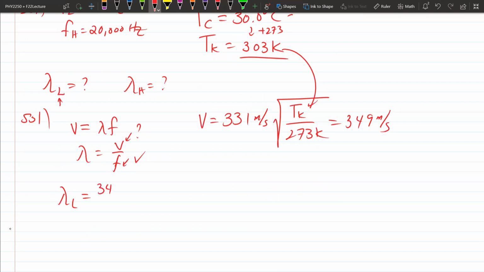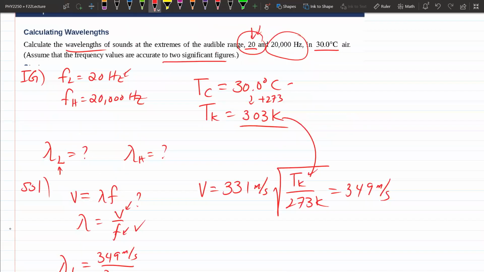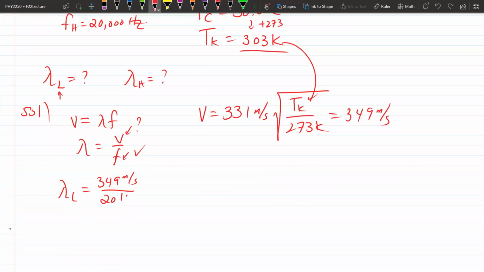I plug in my speed of sound here. The frequency, with units of hertz, is actually the same thing as 1/seconds, so the 1/seconds cancel out. So the wavelength of the low frequency sound, 349 divided by 20, is actually 17.45 meters.